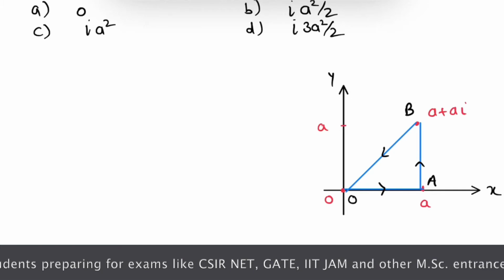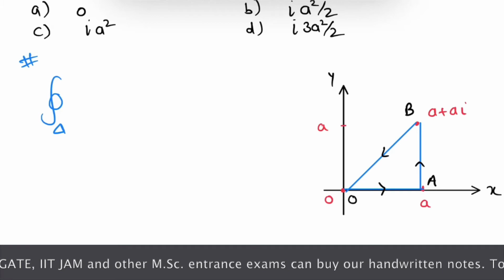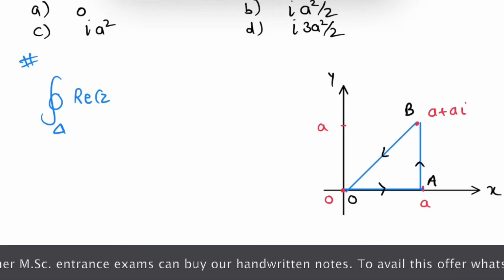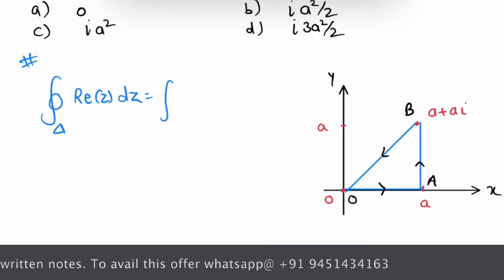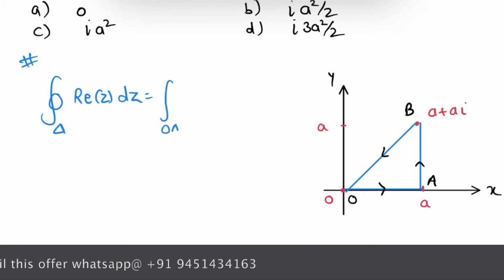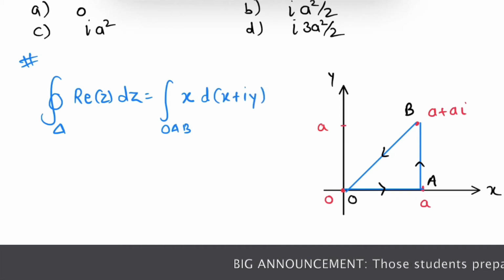We have to find the integration over delta of the function real part of z dz. Triangle delta is triangle OAB, real part of z means x, and dz is d of (x plus iota y).